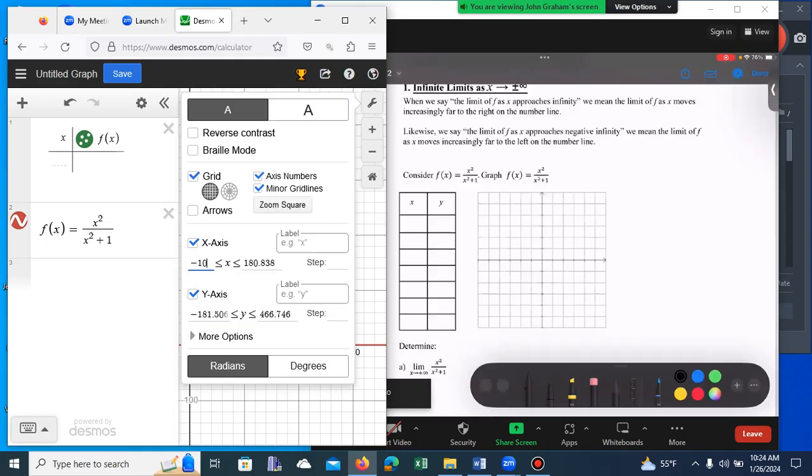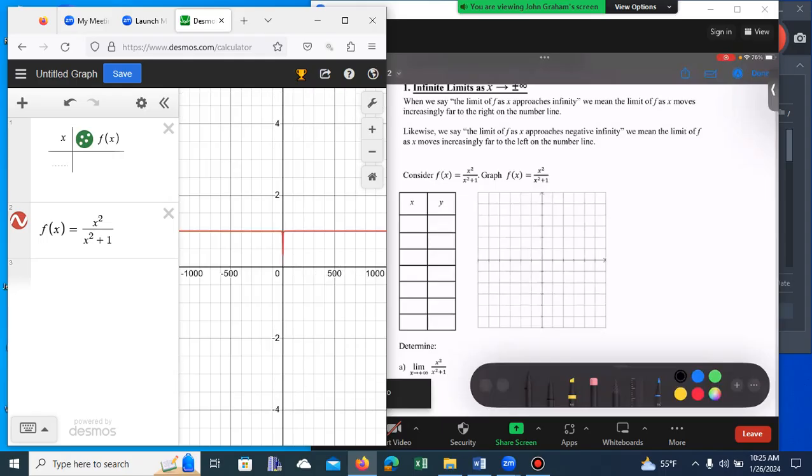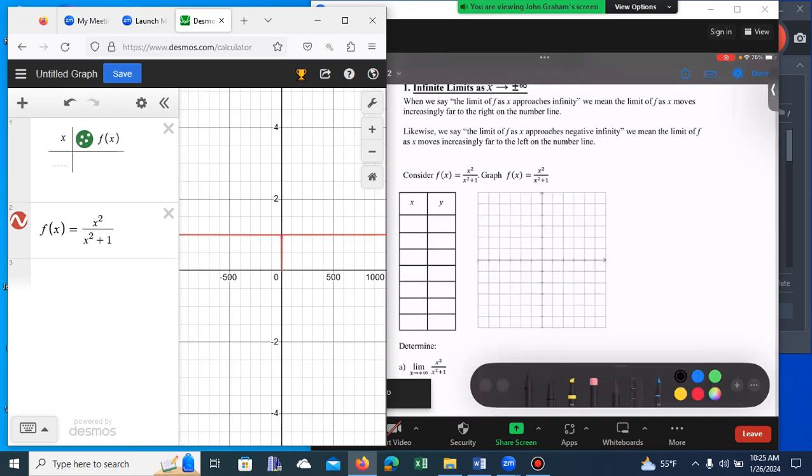Negative 1,000 to 1,000, a step of maybe 100. And the y, we don't want that as big. Negative 5 to 5. See, that looks better. Right, so you can't really see the dip all that much, but we know it does happen. Okay, now, we're concentrating right now on when we're going to the left and when we're going to the right. We see that it almost becomes like a horizontal line.